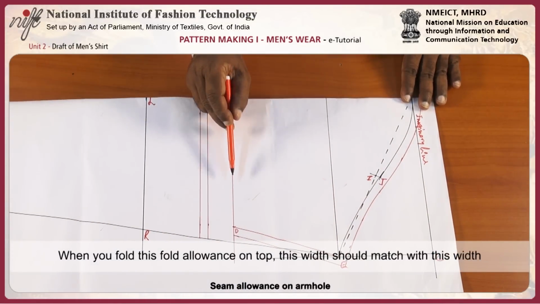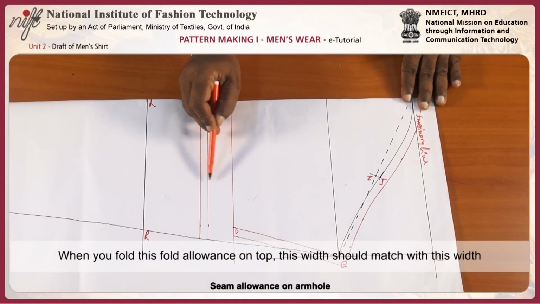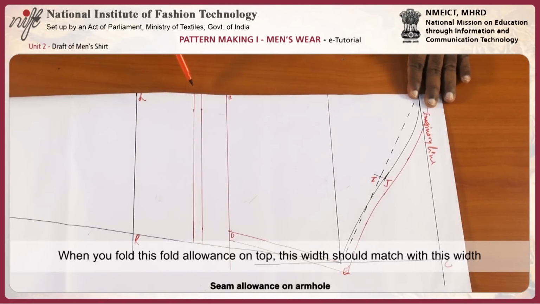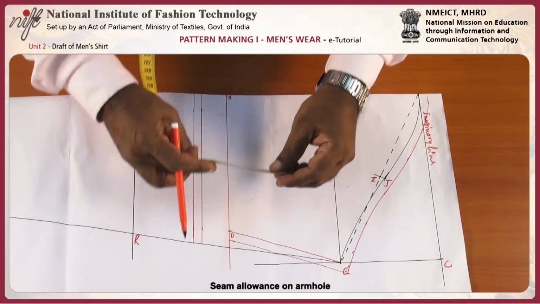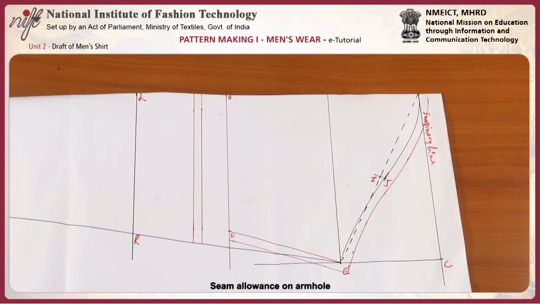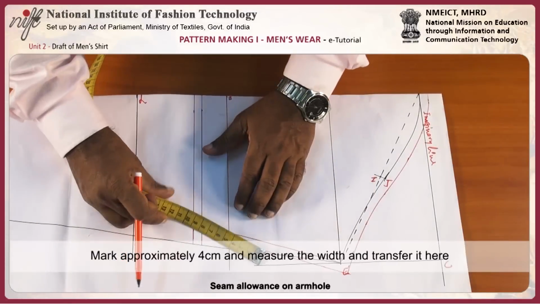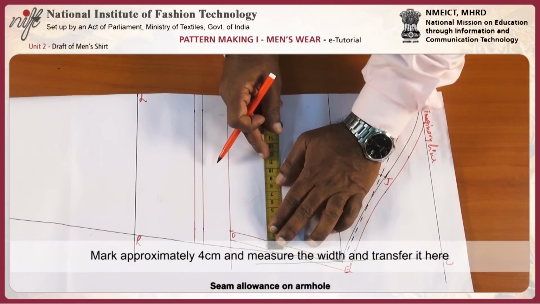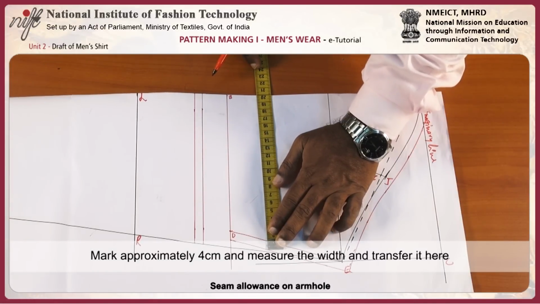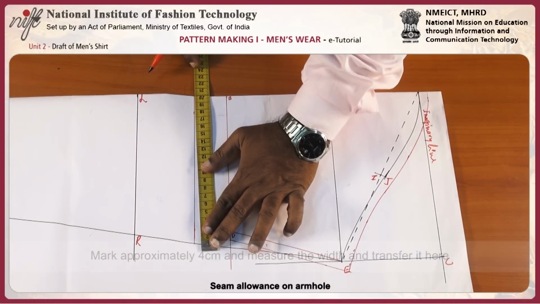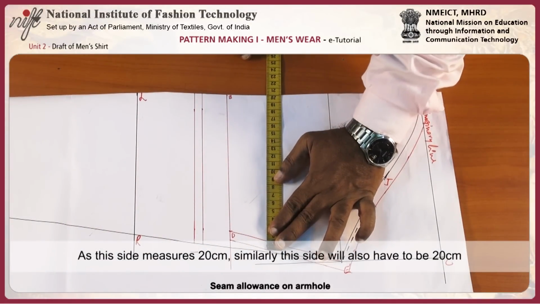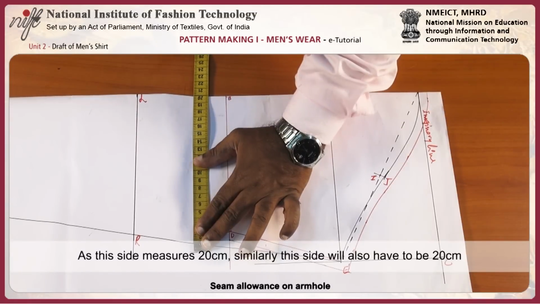Here, when you fold this fold allowance on top, this width should match this width, which is 4 centimeter above. You can mark 4 centimeter here approximately and measure this width and transfer on this. Here it's 20 centimeter. I have to measure 20 centimeter here too.